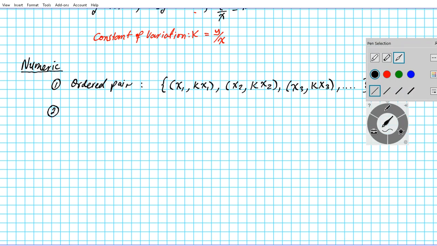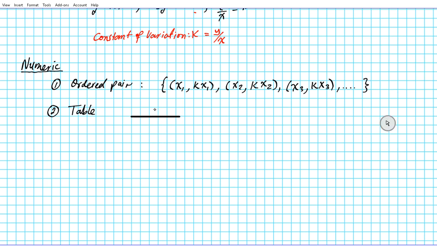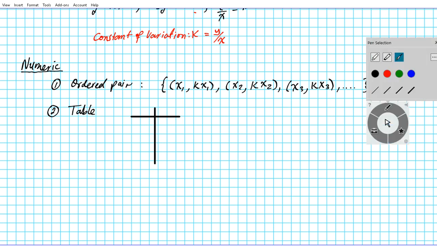Now, how about as a table? Tabular representation is very similar to what we have here. Let's set that up. If you want to write a direct variation in tabular format, let's say this is your x and this is your y. For x1, to get y1, you multiply by that k value, k x1.